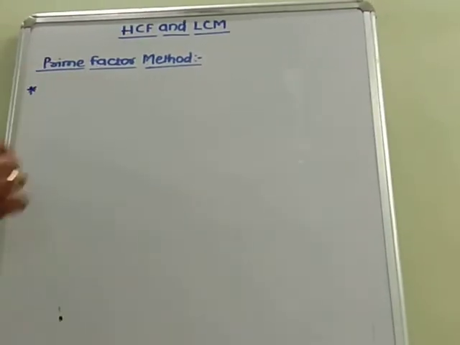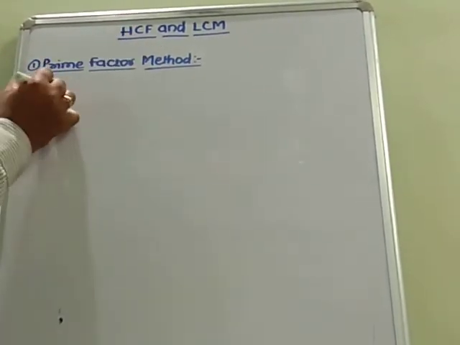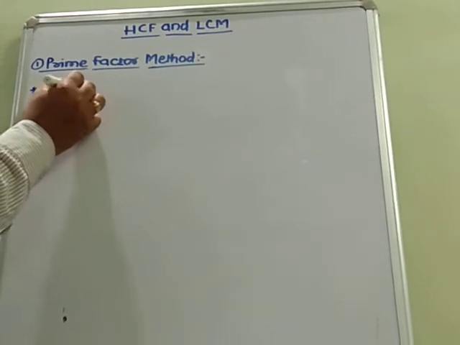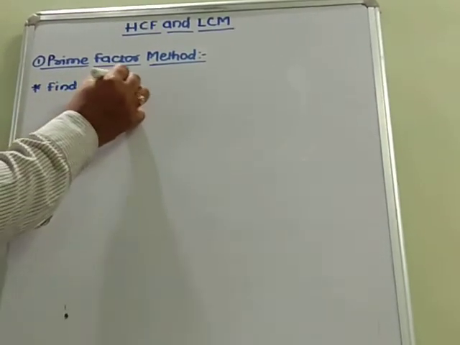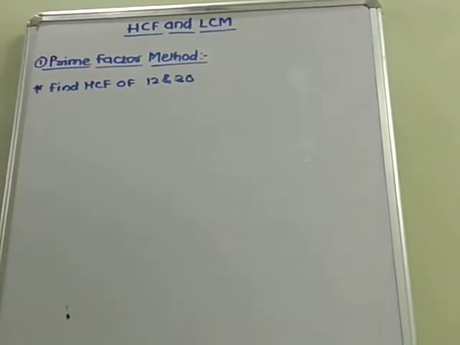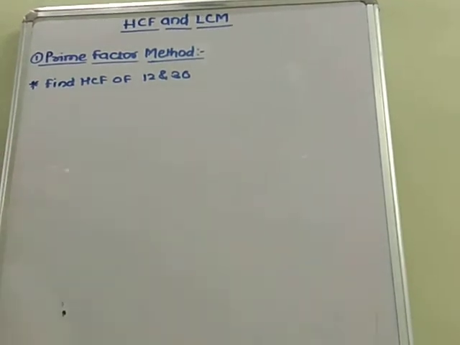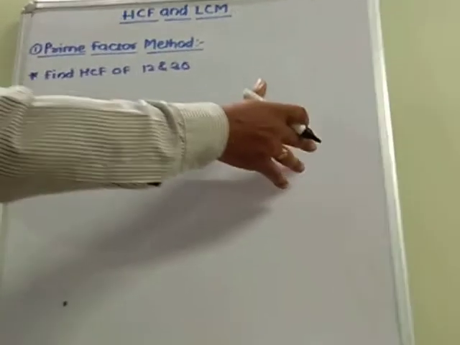Now we are taking the first method, that is the prime factor method, to find out HCF. Find the HCF of 12 and 30 by the prime factor method. A few minutes ago we saw the vertical method and horizontal method.